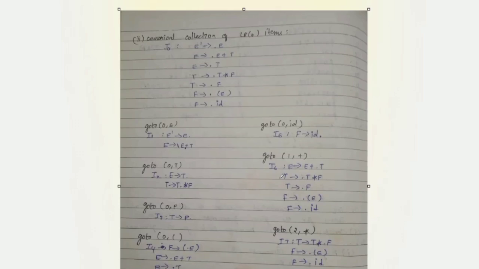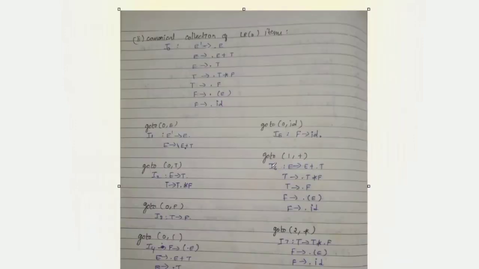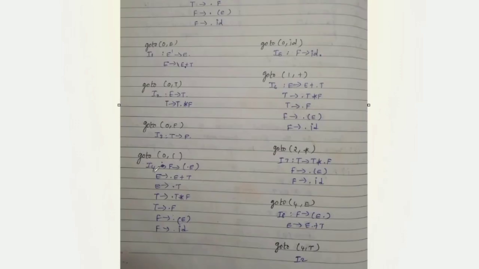Next transition, item number 6, symbol name capital F. Then you will get the production T tends to F dot, which is already in item number 3. So there is a repetition. Go to 6 comma F going to be I3. Next go to 6 comma open bracket. Write the production F tends to open bracket dot E close bracket, which is contained in item set 4.